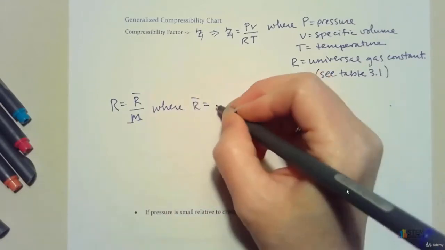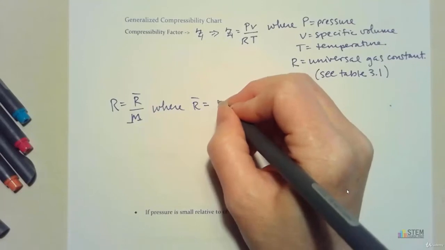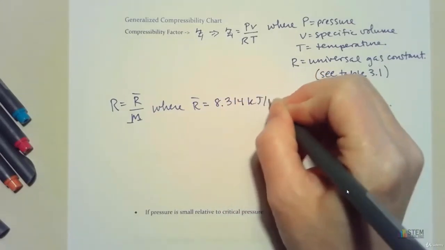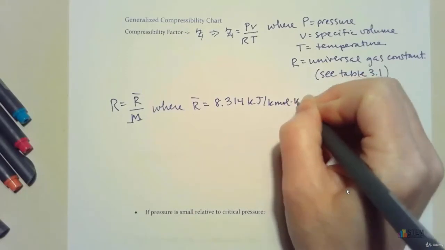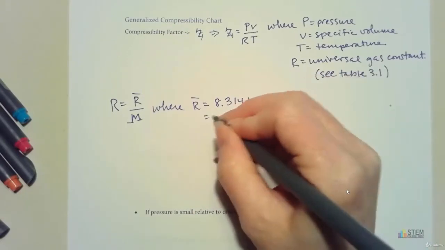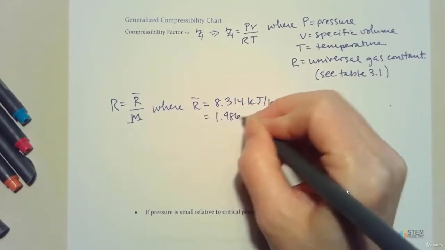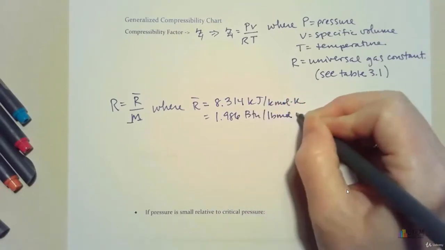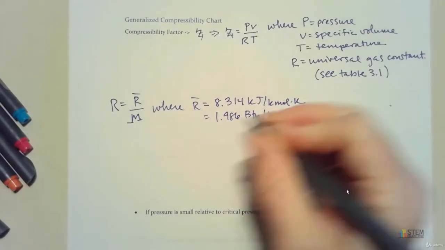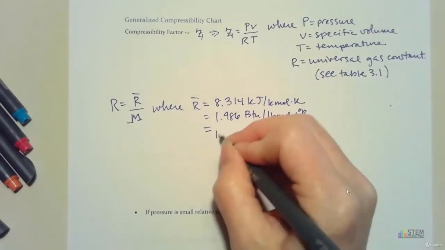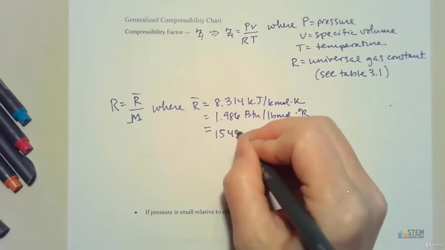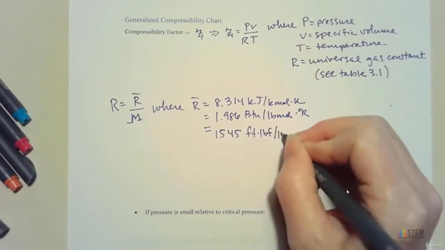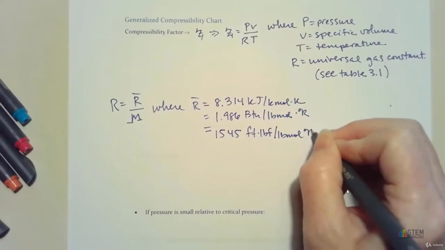R bar is equal to 8.314 kilojoules per kilomole Kelvin, or 1.986 BTU per pound mole degree Rankine, or it can be equal to 1,545 foot-pound force per pound mole degree Rankine.